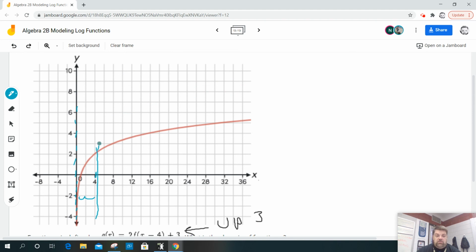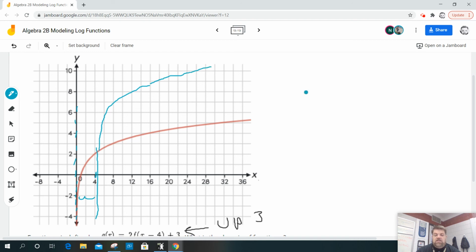Because you're multiplying it by 2, it's going to go pretty high. You're going to shift it up 3. In other words, if it's equal to 5 here, it's going to be equal to 10 up here, plus shift it up 3. So it'll actually go off this screen. So it'll look something like this, but we're still going to look at the domain, right?